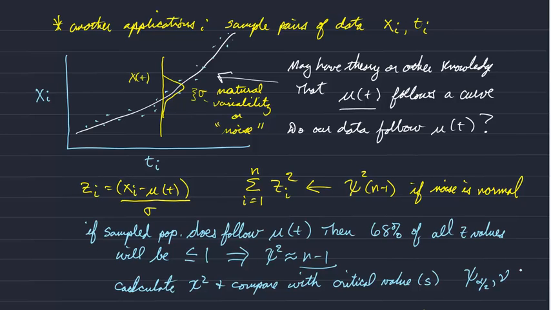So that's a second application of using chi-square statistics to do some hypothesis testing.